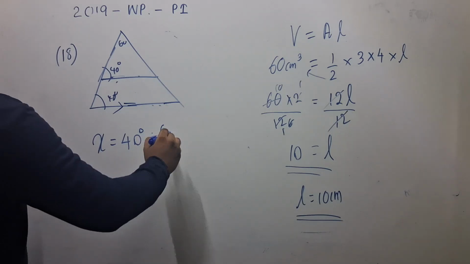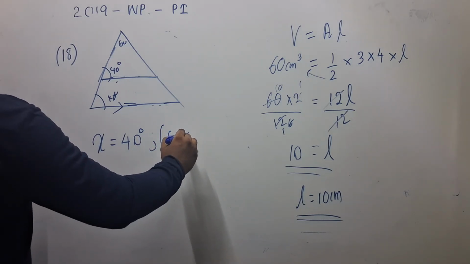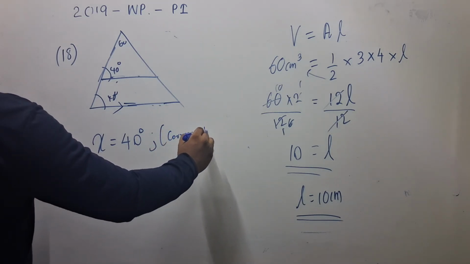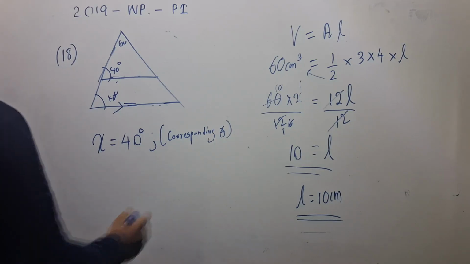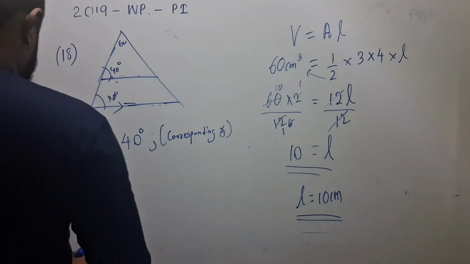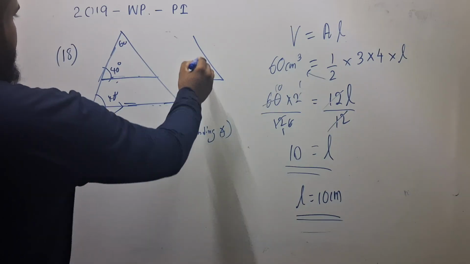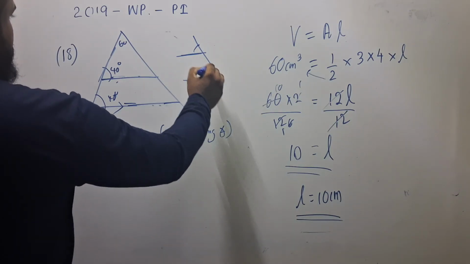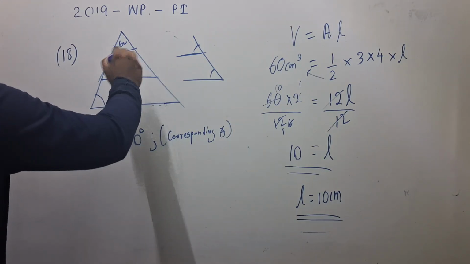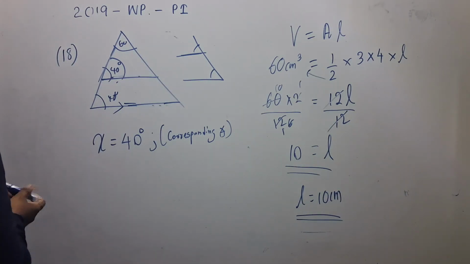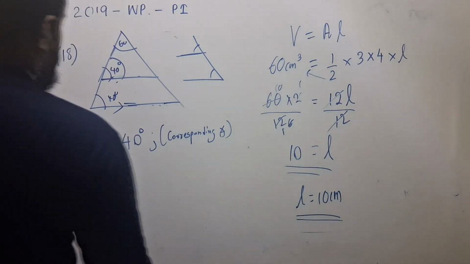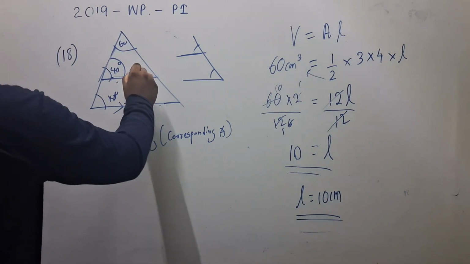What is the reason? Corresponding angles. Then there is an F shape on this side also. This is 60 degrees, this is 40 degrees. 60 plus 40, 100. So this remaining angle is 80.